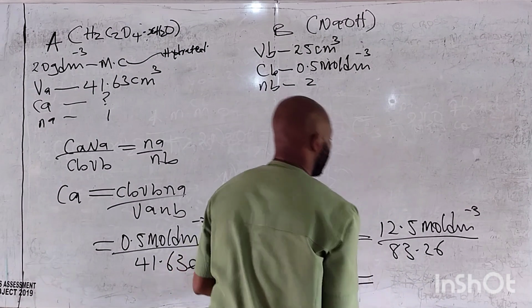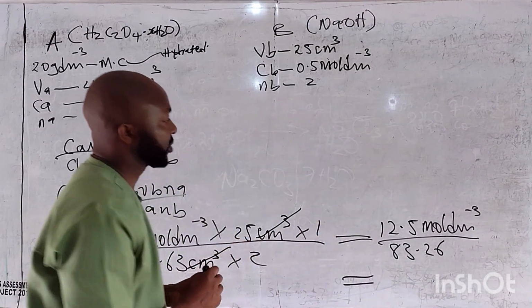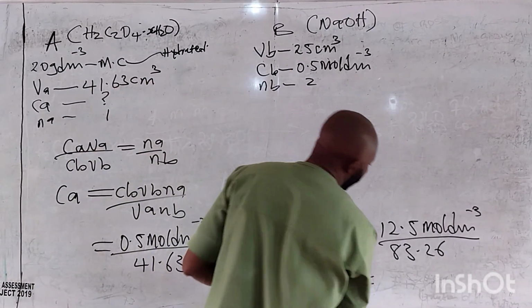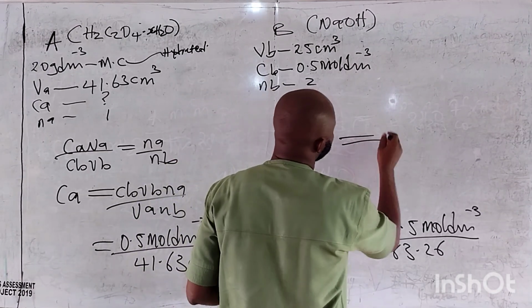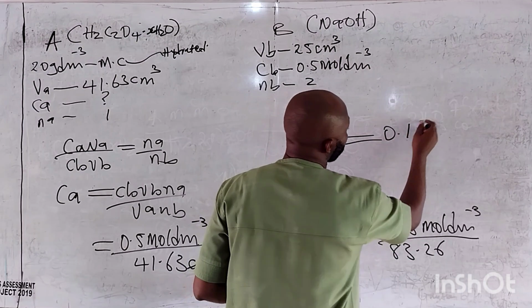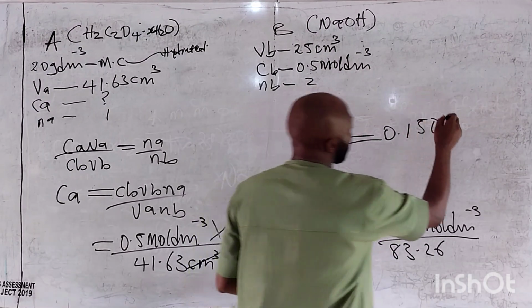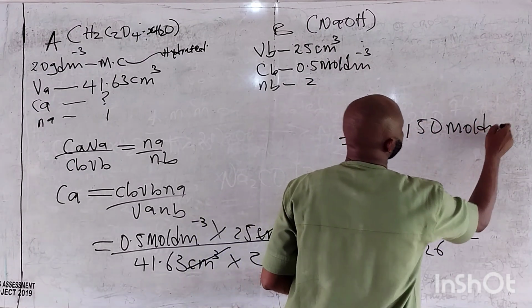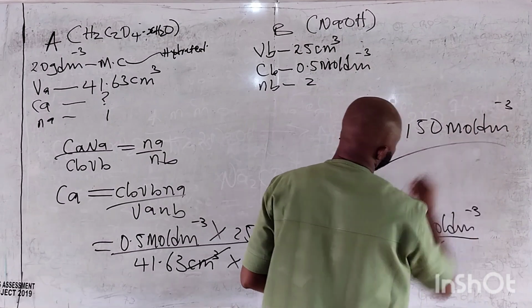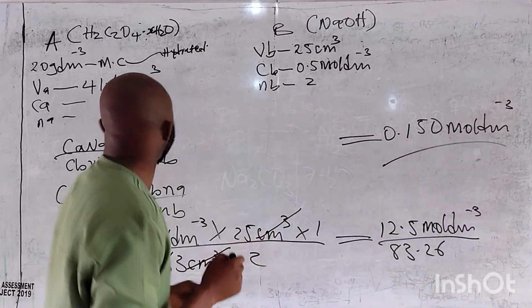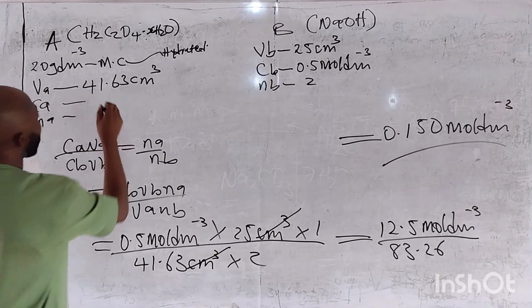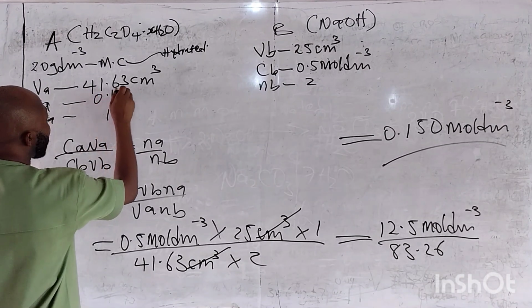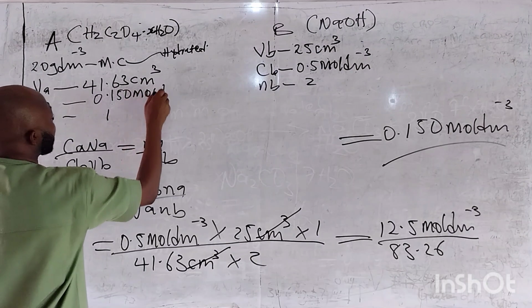So finally, 12.5 divided by 83.26. What do we get? 0.150. Yeah, let's put it here: 0.150 mole per dm³. So we have gotten our CA. Our CA now, we can replace by 0.150 mole per dm³.